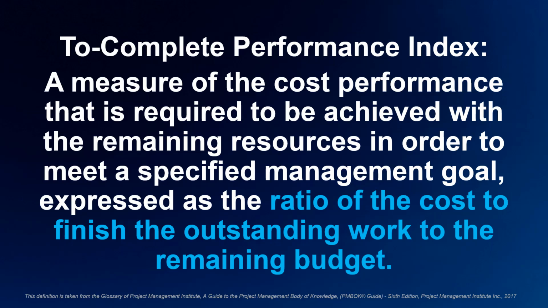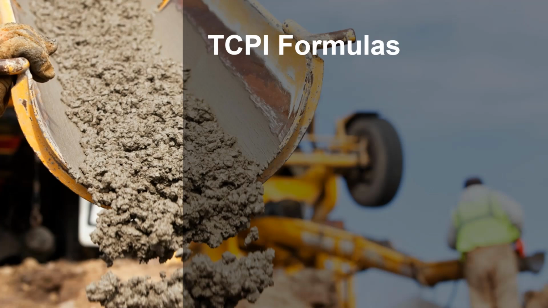In the car trip example, the distance to finish is analogous to the estimate to complete, and the time is analogous to the remaining budget. Of course, on most projects you don't have to calculate how fast you are driving, but the road trip example gets the point across. Applying this formula to our housing project should show you how it looks on a project.